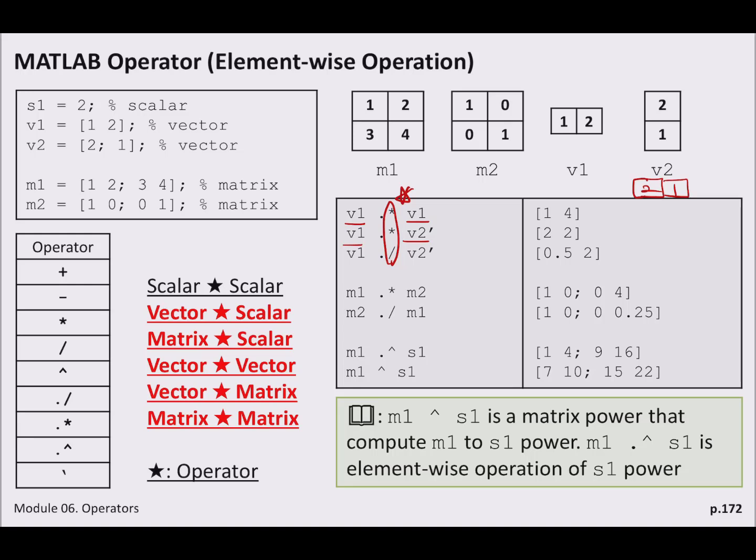This one is the same among the matrices M1 and M2 if they are the same dimension. Okay. What about this caret? That caret is the element-wise power of the S1. And this one is the matrix power, so this is not the same. Okay. Good.